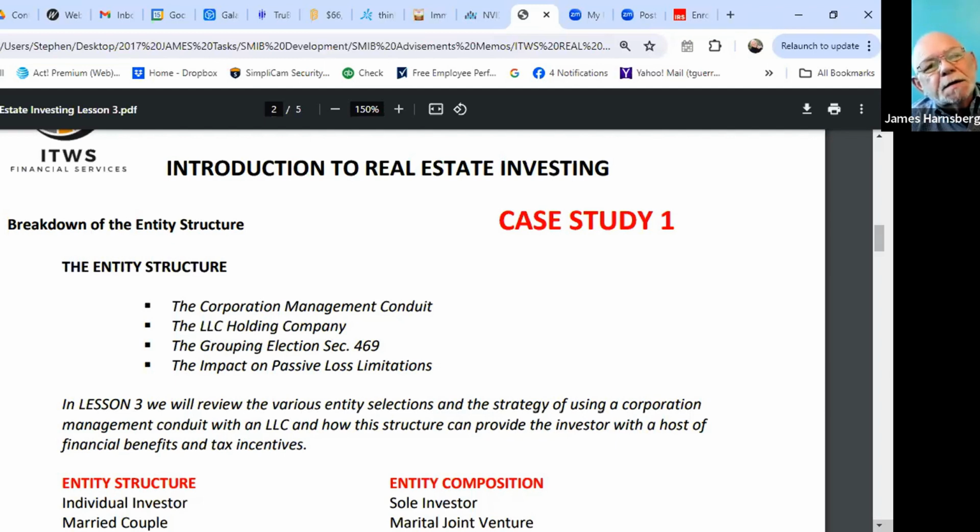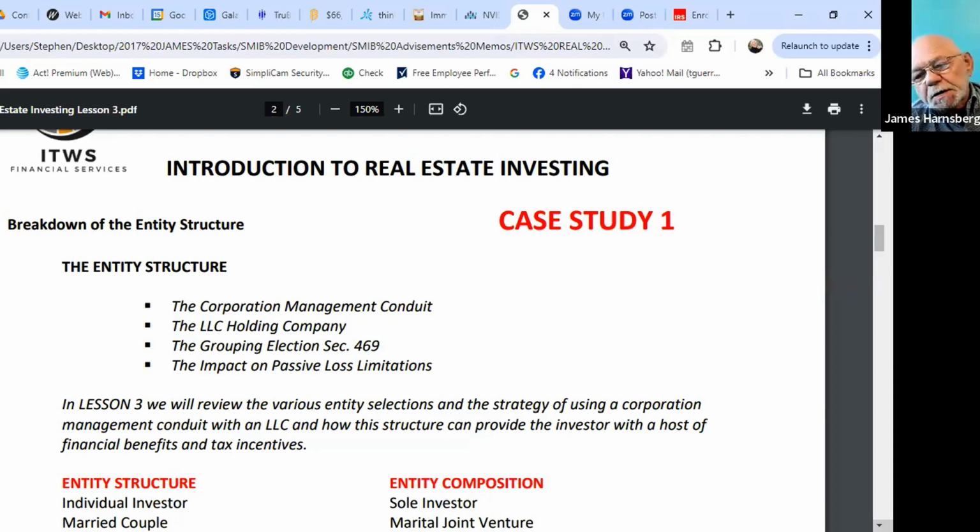And that's the uniqueness of the limited liability company. You can disproportionately allocate profits and losses to the individual or to the corporation. With more than one property, we want to consider also making a grouping election under 469.